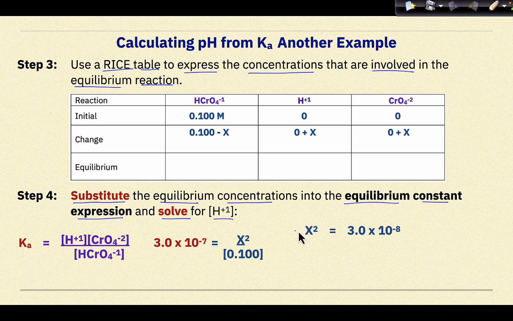If we take the square root of x squared and the square root of 3.0 times 10 to the negative 8, our x value is equal to our hydrogen ion concentration, which is found to be 1.73 times 10 to the negative 4 molar. And once we have our hydrogen ion concentration, we can move to the next step, which is calculating our pH.